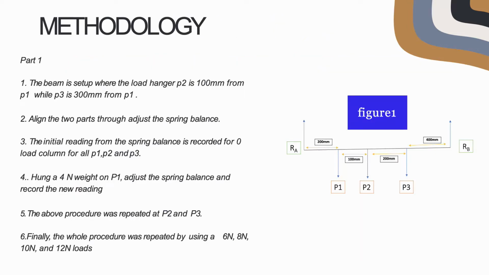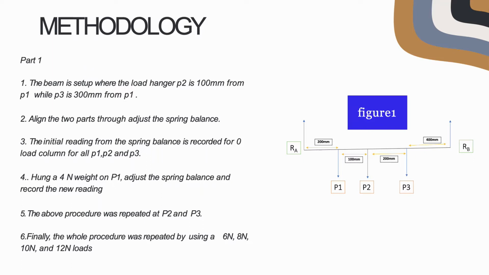Here are the procedures and steps for the experiment for table 1. Step 1, the beam is set up where load hanger B2 is 100 mm from B1 and B3 is 300 mm from B1.